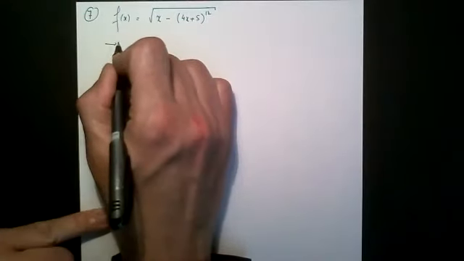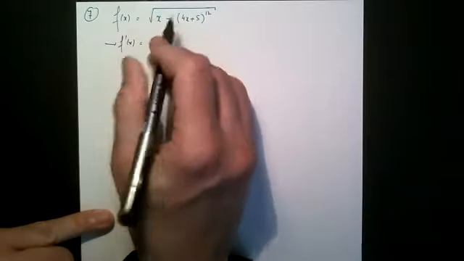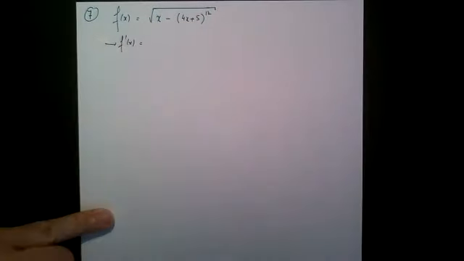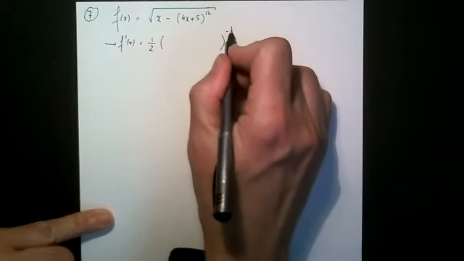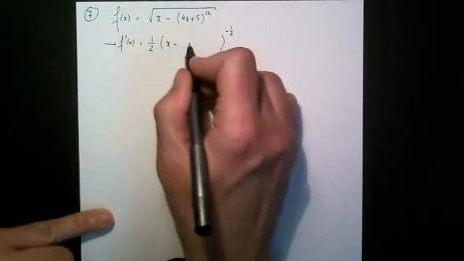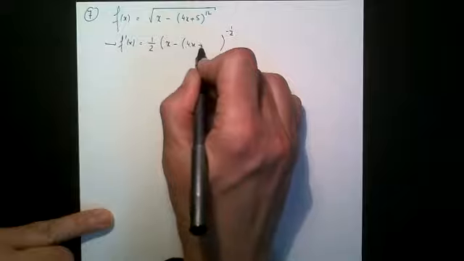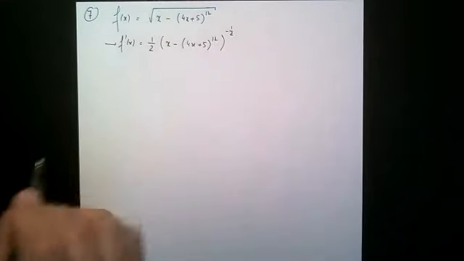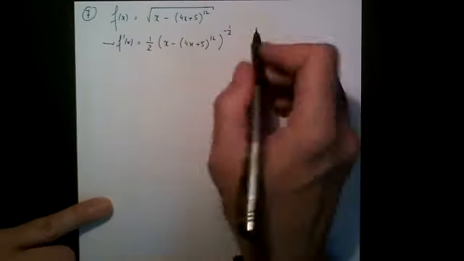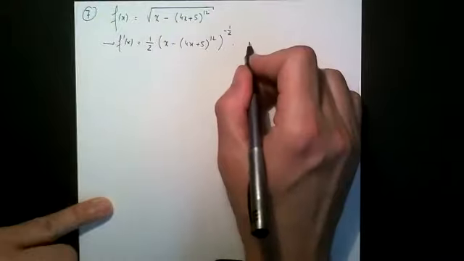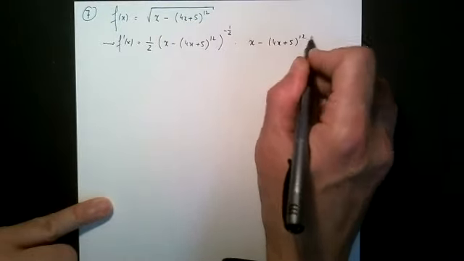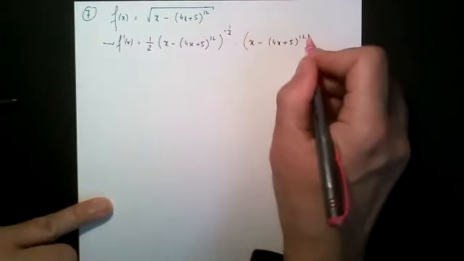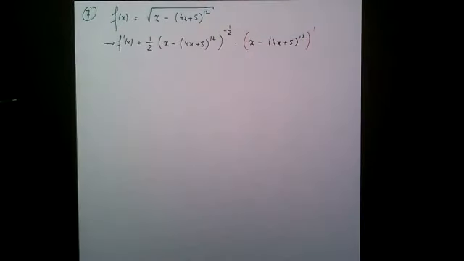F prime. So what do I do first? I put 1/2 in front. 1/2 times all this to the power of negative 1/2, x minus (4x plus 5)^12. Times, of course, the derivative of whatever is inside. Is this okay? The regular chain rule.